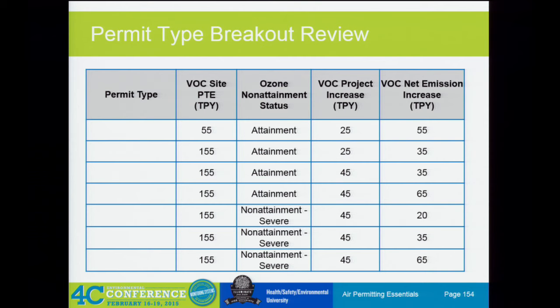No. You will always compare it to your major modification levels. It's the final column that you might get to skip out on if your project increase is below your major modification levels. In Texas, you compare non-attainment to netting.